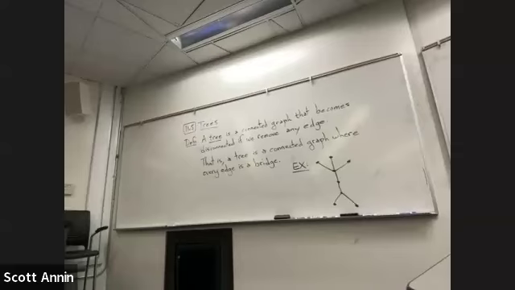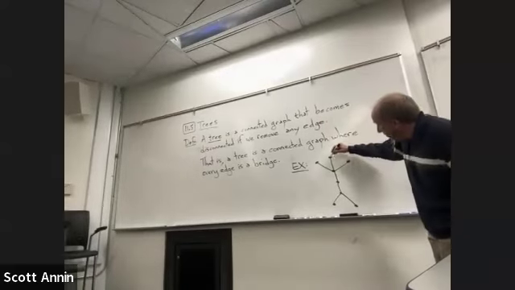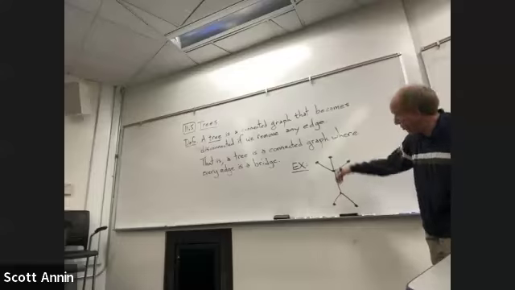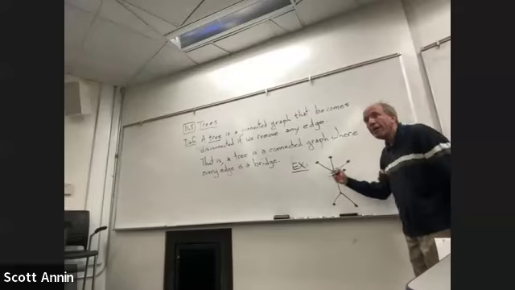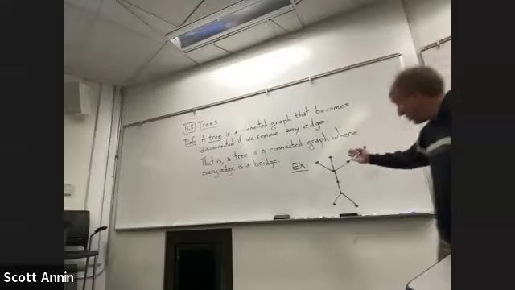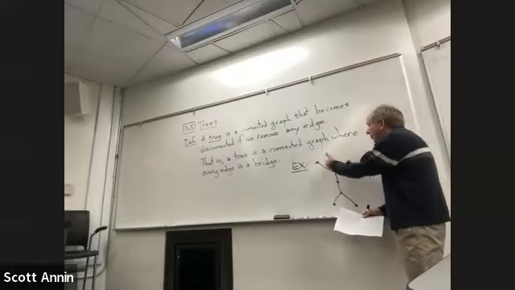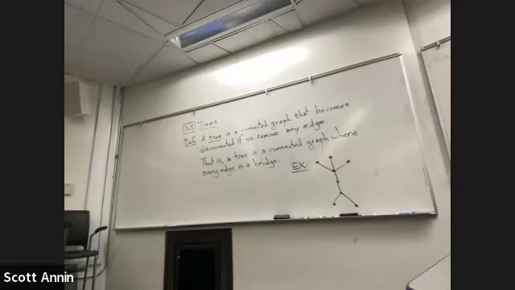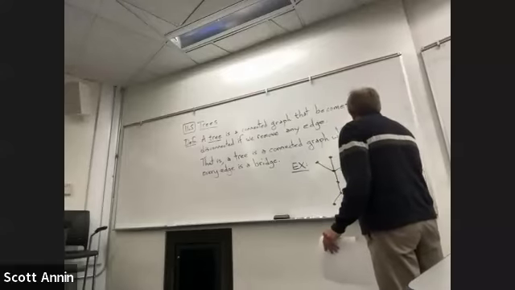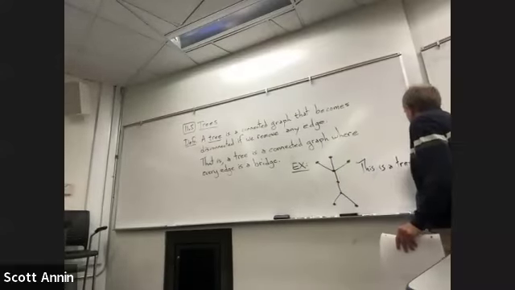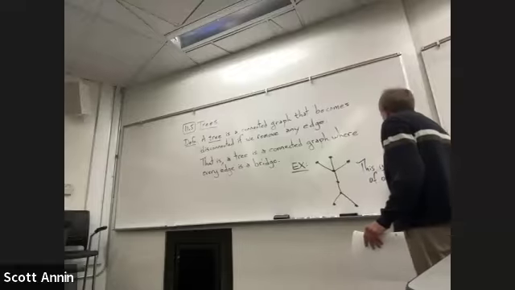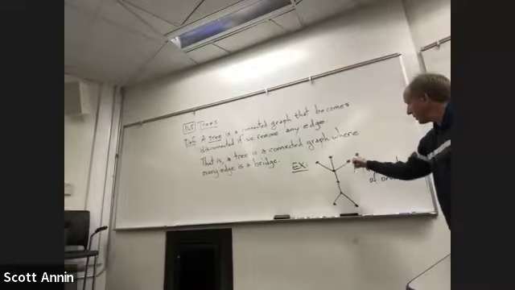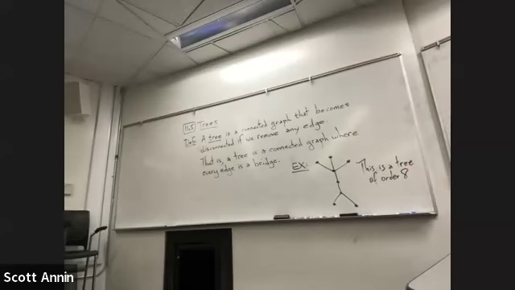So there has to be a way of walking from any vertex to any other vertex, which there is here. But if I remove an edge, any edge from this graph, I will probably isolate a vertex, or if I don't do that, I at least will split it into two different connected components, and I won't be able to walk between the two components, right? So this is a tree. This is a tree of order 1, 2, 3, 4, 5, 6, 7, 8, I guess. I have 8 vertices there.